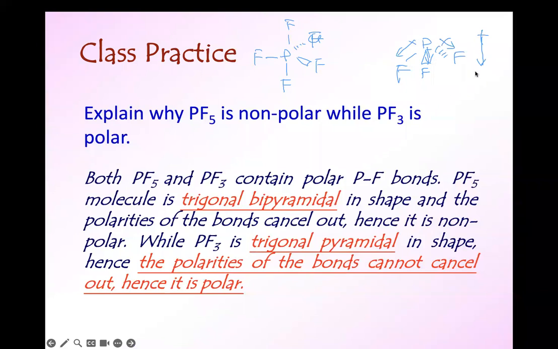This is delta negative on the fluorine side, while delta positive on the phosphorus side. As a result, PF3 is a polar molecule, while in PF5 they are all cancelled with each other. They have the same strength, so they are cancelled with each other due to the molecular shape.